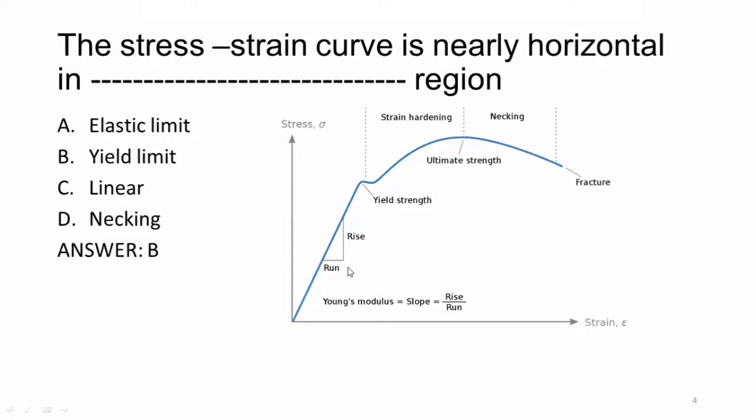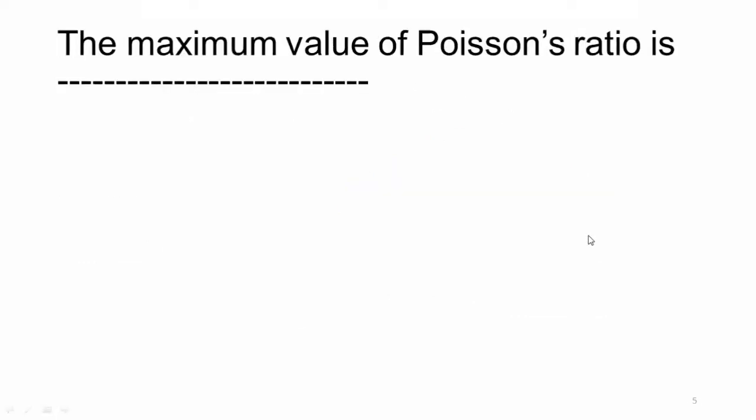So up to yield limit, the stress strain curve is nearly horizontal. Next question, the maximum value of Poisson's ratio is. So we need to understand what are the different materials used in construction, and whose properties we check in the laboratory, and accordingly we need to answer this.